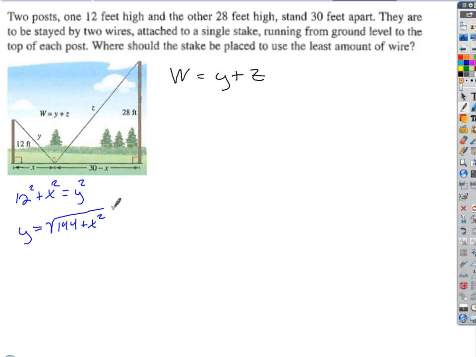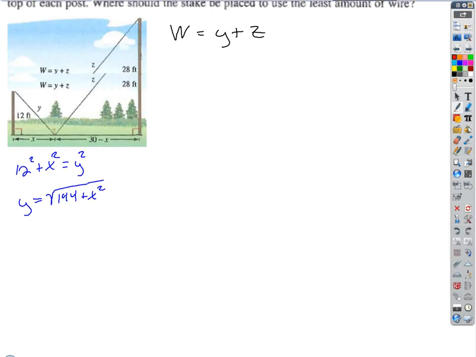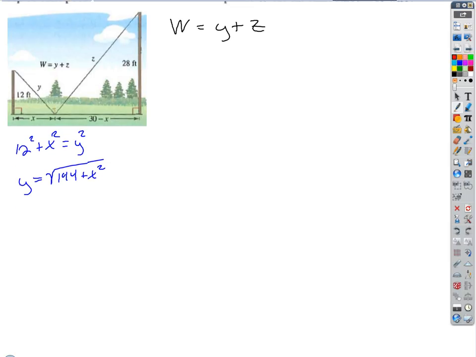What about the other triangle? In this one, we end up with 28 squared plus (30 minus x) squared equals z squared. Everybody agree?